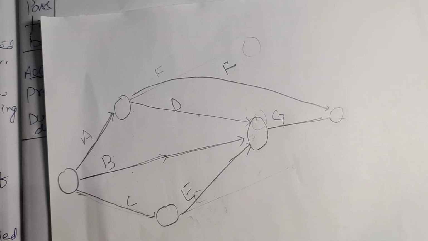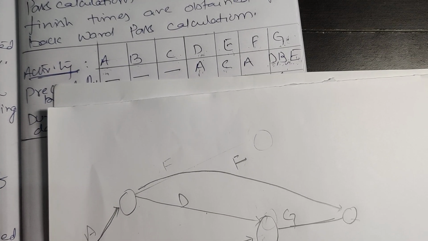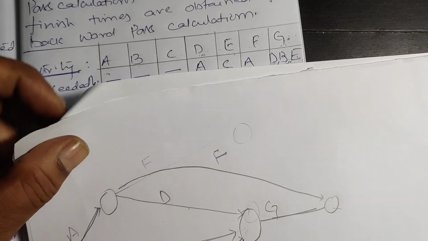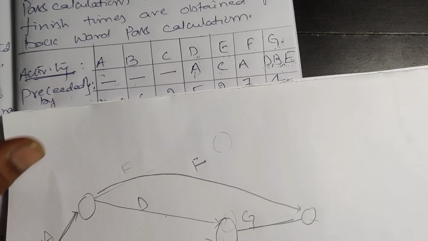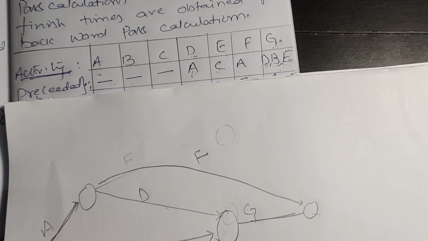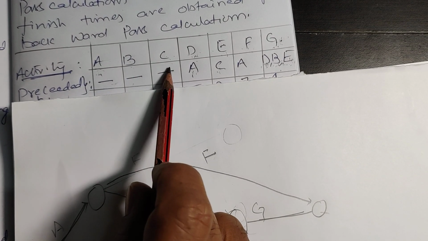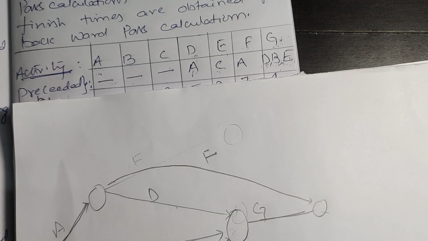Activity A, B, C are independent activities. Look at the question once again. The three activities A, B, C are independent activities.